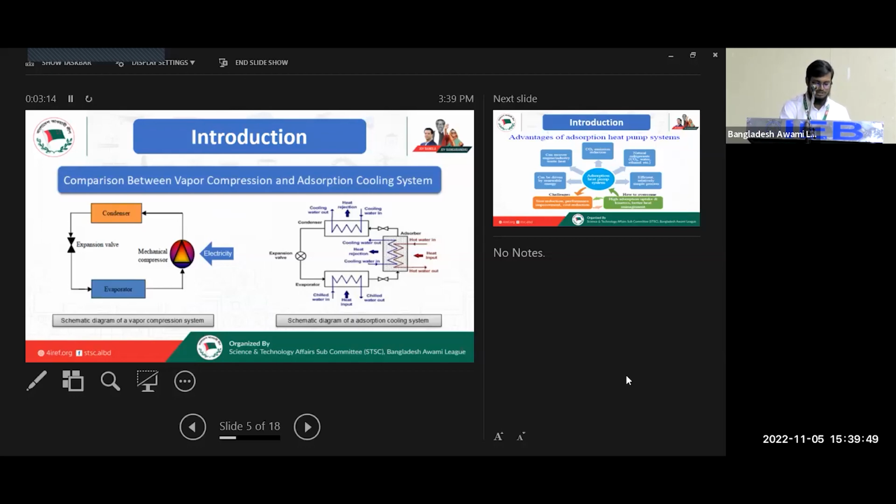This compressor relies on the natural adsorption and desorption phenomenon. Adsorption happens at low temperature and pressure, whereas desorption happens at high temperature. This system has many advantages over the vapor compression system, which include almost no use of primary energy, use of natural refrigerant, and no vibration, no noise.